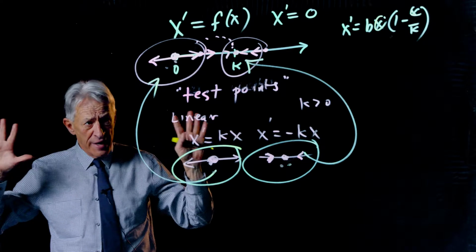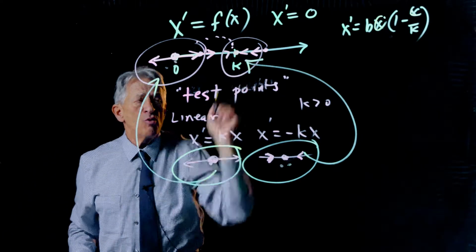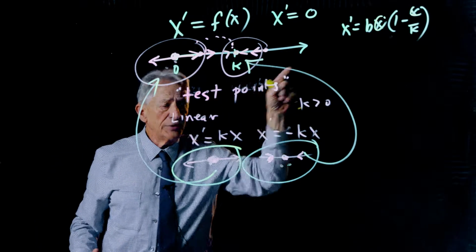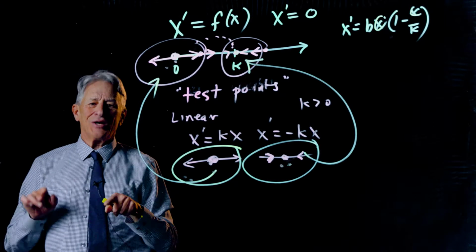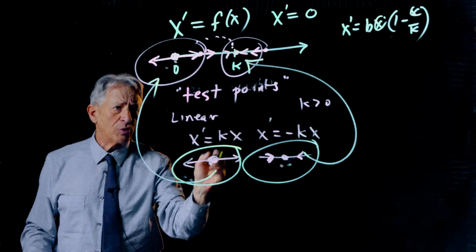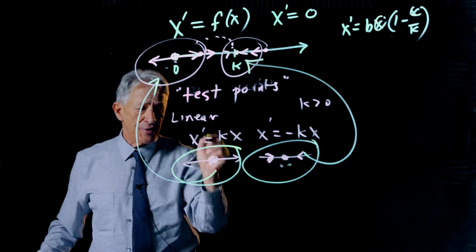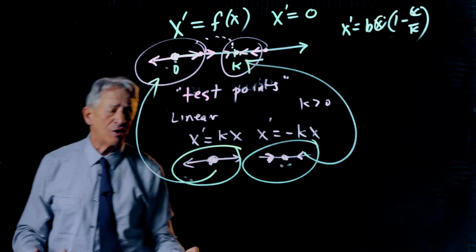So this is a major, major point. Equilibrium points of nonlinear equations look like linear equations around that equilibrium point. And their equilibrium point character is either this linear equation or this linear equation.